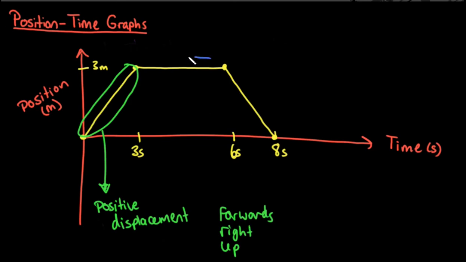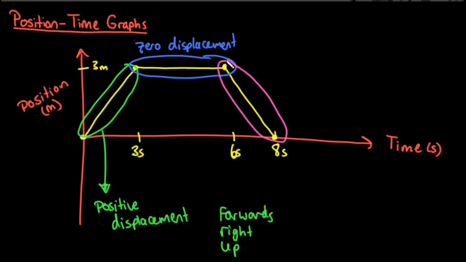Now, if we take a look at this flat section up here, this is the part where the cat is watching out the window. And in this particular spot, there is no change in position. He's just sitting there. So that means that there is 0 displacement right here. And then finally, we have this section right here, which is the downwards slope.